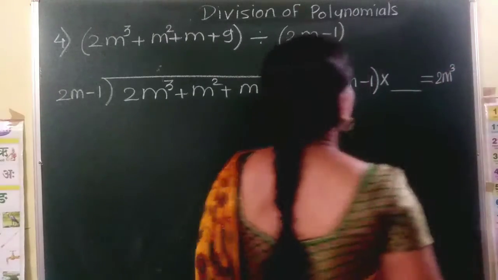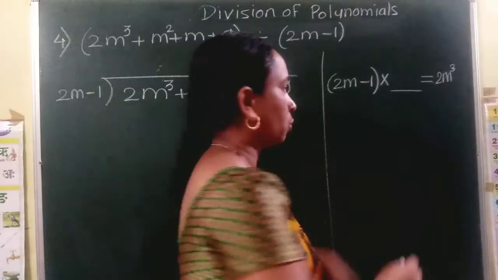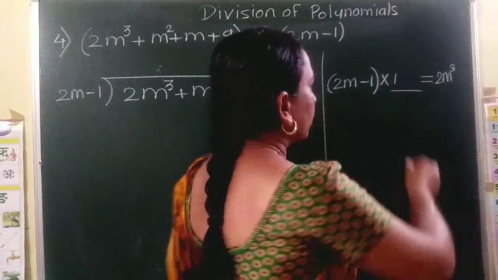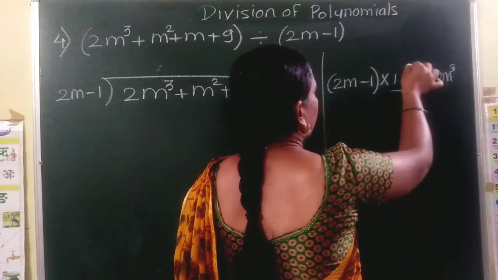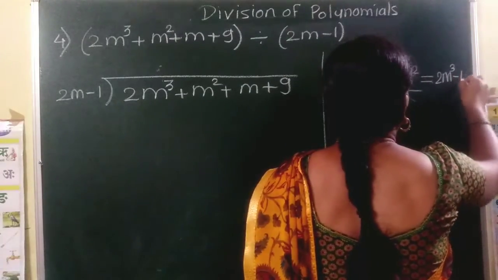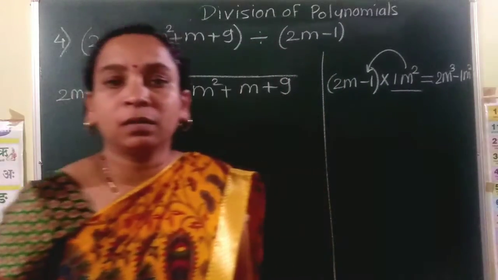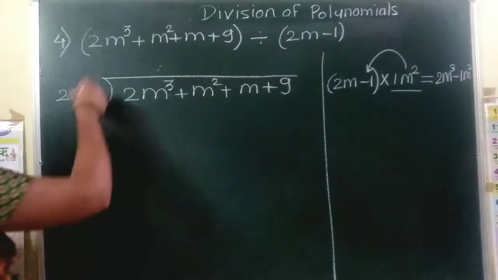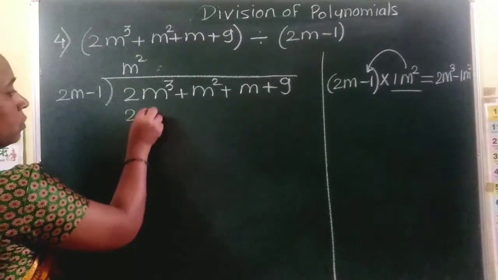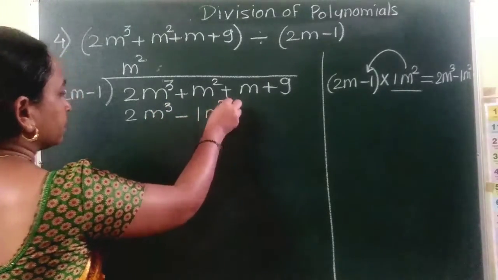To balance this, 2 ones are 2, so here 1 is needed. Here m and here m cube, to balance it, I should write m square. Now by this I will multiply this, so I will get minus 1 m square. Product of this would be minus 1 m square. Now I will write here the first quotient, it is m square. Product is 2m cube minus 1 m square.